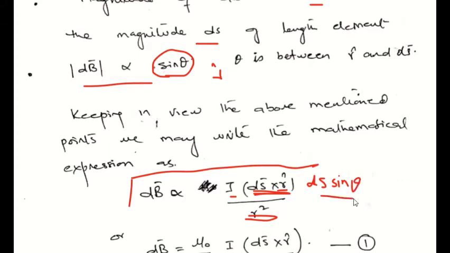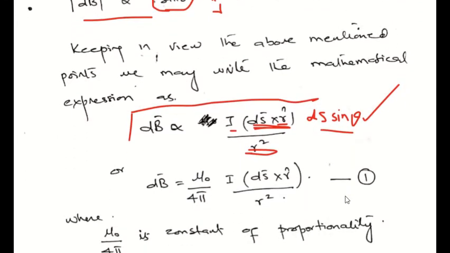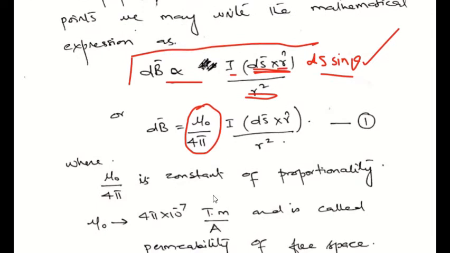So we get this ds sine of theta, and from here we can see that this dB is also depending upon sine of theta. So to remove this proportionality sign over here, we have to introduce a constant, and this mu naught over 4 pi is a constant, and mu naught is known as the permeability of free space, and the value of mu naught is 4 pi times 10 raised to the power minus 7 Tesla meter per ampere.